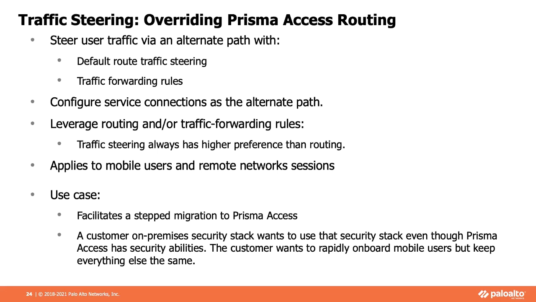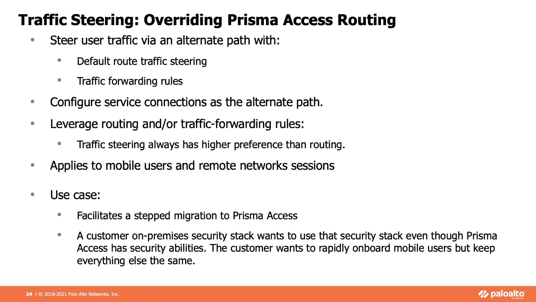So not through Prisma Access. We use Prisma Access to get the stuff to the data center, and then let the security stack, the devices at the data center, inspect the traffic instead of our security processing nodes.